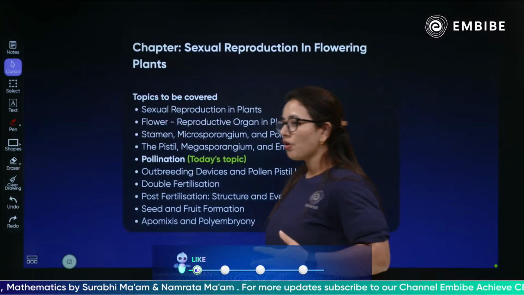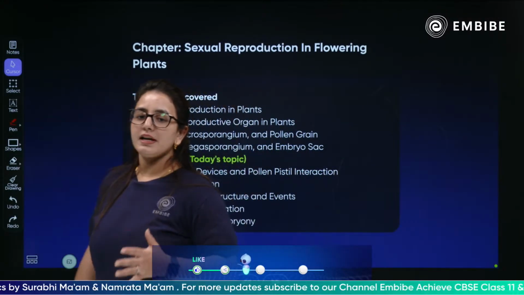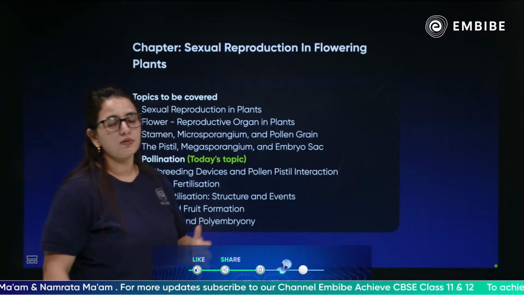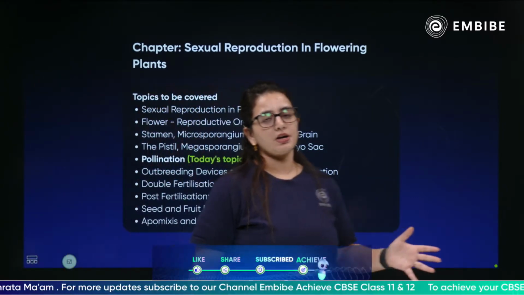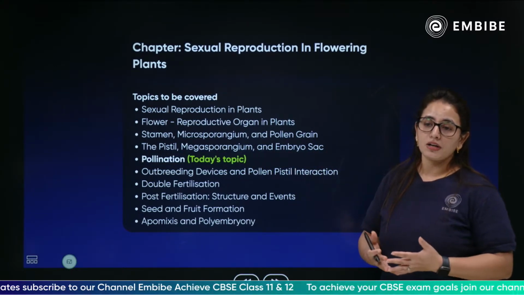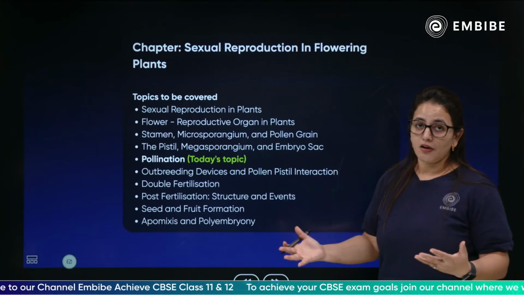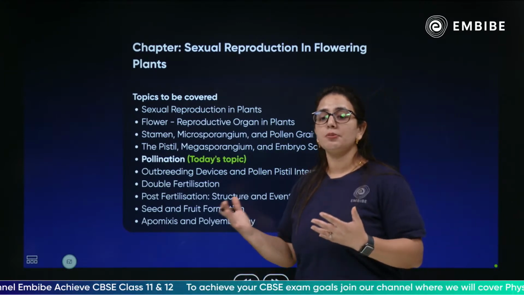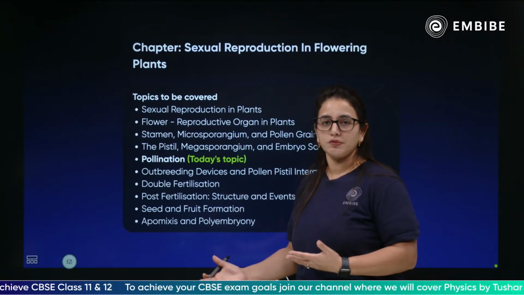So children, these are all the topics which have already been covered in the lectures. Since we started sexual reproduction in flowering plants, we have discussed the flower, the accessory parts, and the reproductive parts of the flowers.